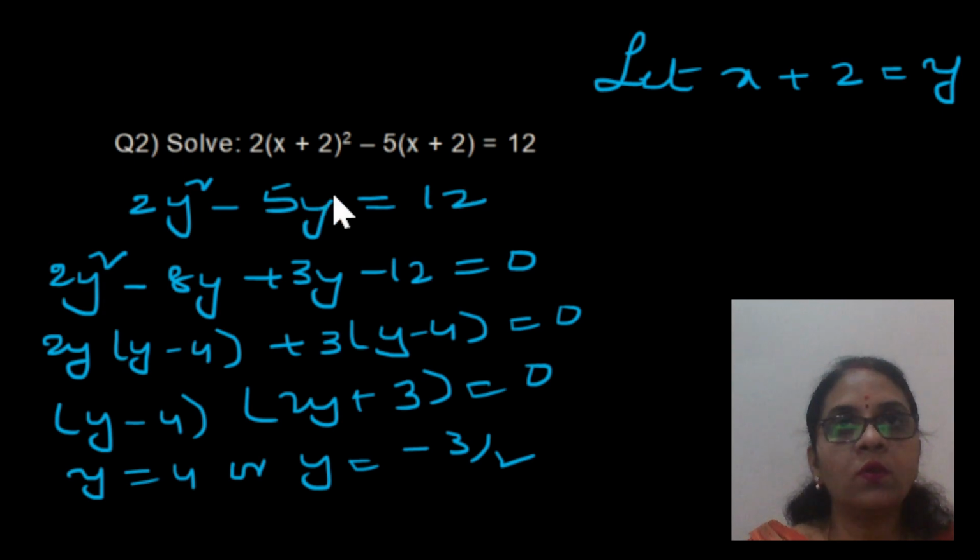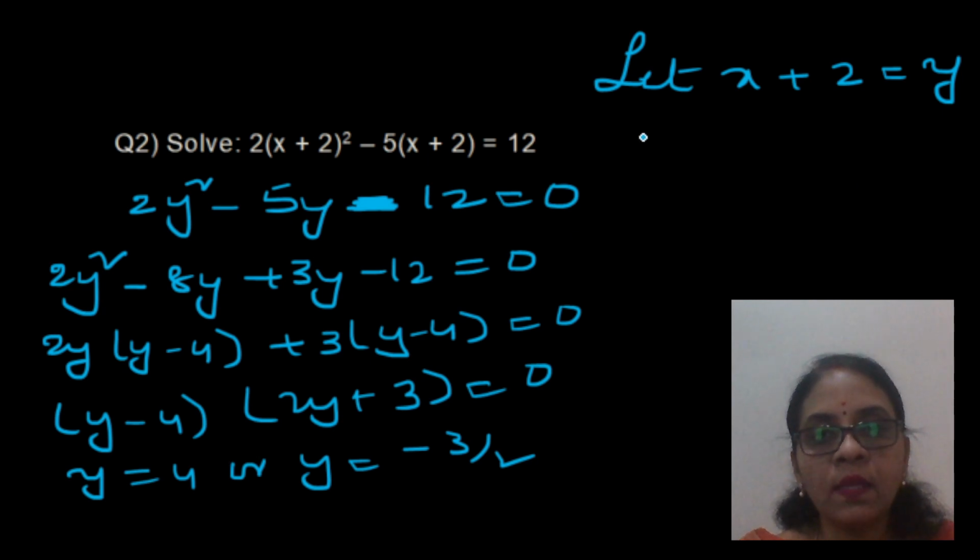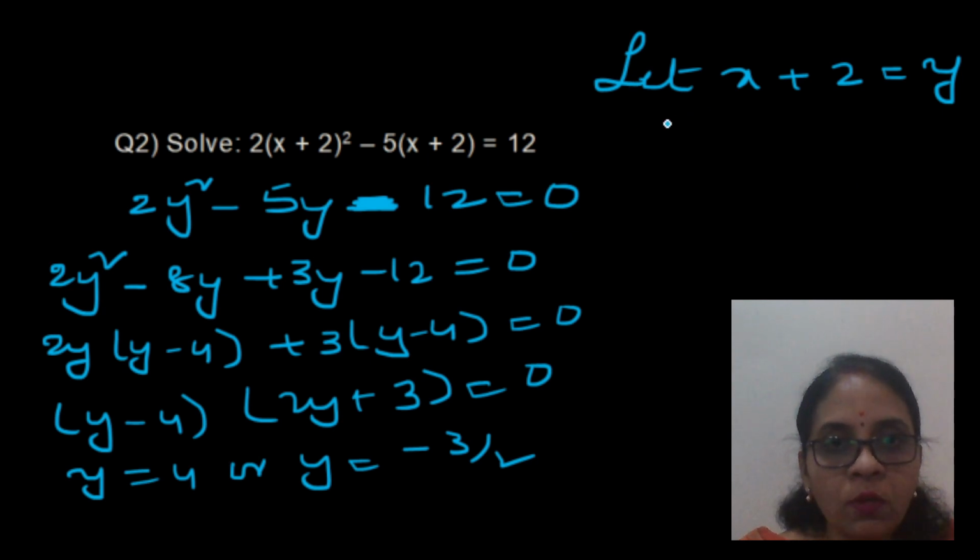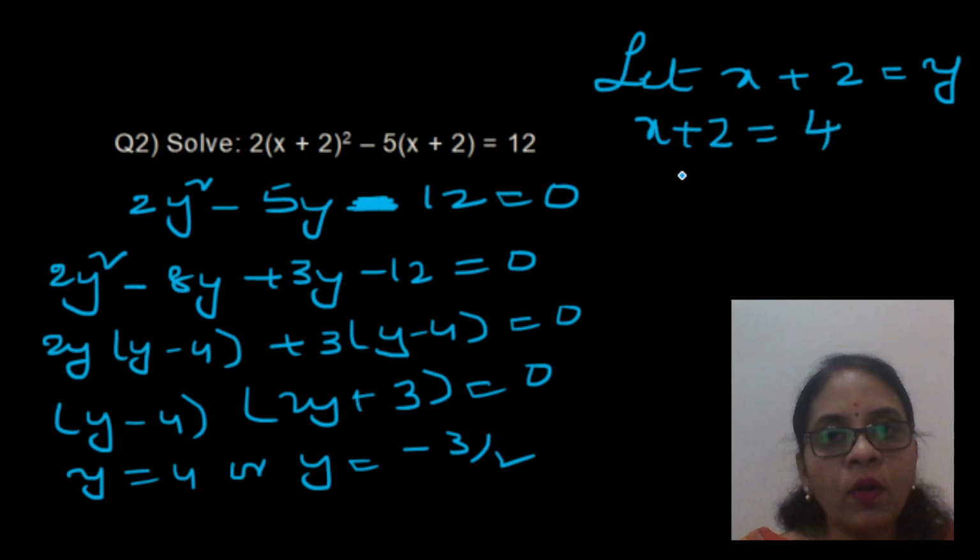Okay. So let us make this minus 12 and equal to 0, so that this comes down like this. Now x plus 2 is equal to y. So x plus 2 is equal to 4, x is equal to 2.